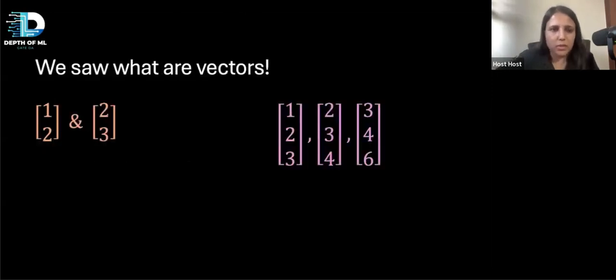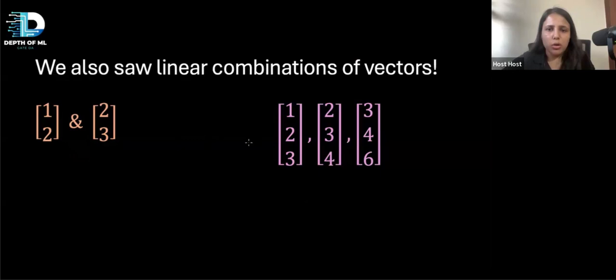Cool. Let's start. So in the last two lectures, we saw what are vectors, right? So this 1, 2 is a vector, 2, 3 is a vector, and they both are coming from R2, right? 1, 2, 3, 2, 3, 4, 3, 4, 6. All these are vectors and they're coming from R3, is what I had told you. Fine.